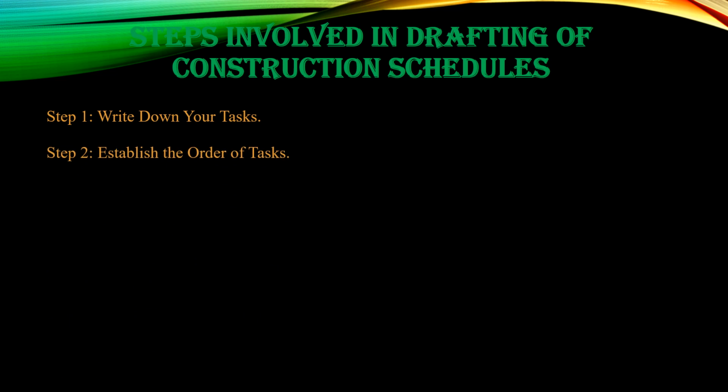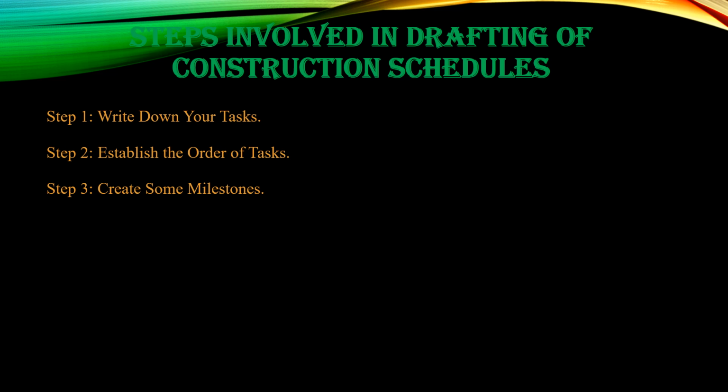Next, the steps involved in drafting of construction schedules. The steps involved in the drafting of construction schedules include: first one, write down your tasks in that particular project. The second step is establish the order of the task. That means establish the sequential relationship between the various activities of the project.